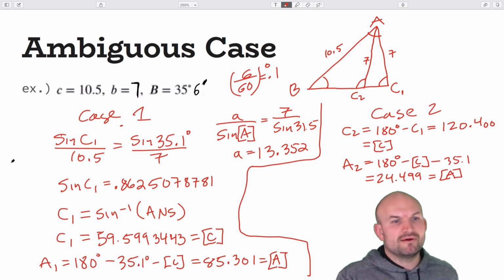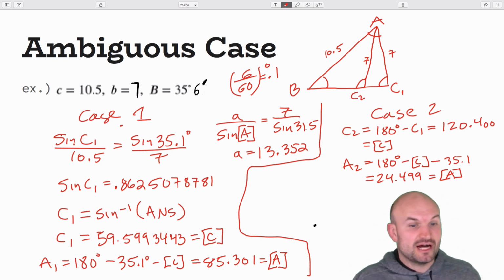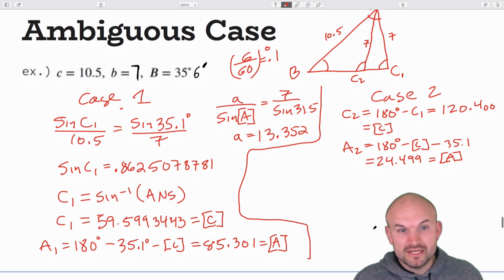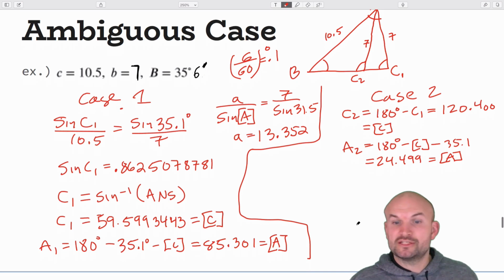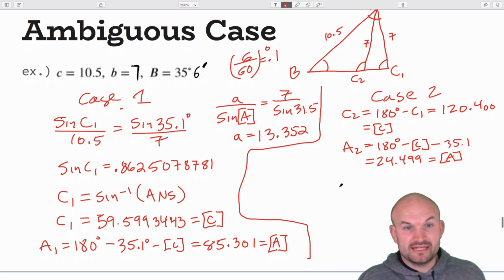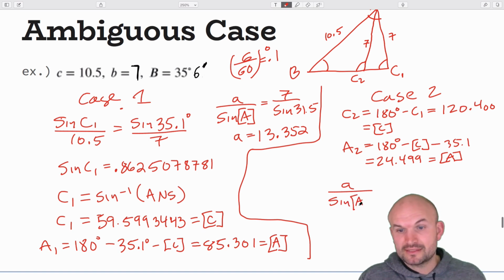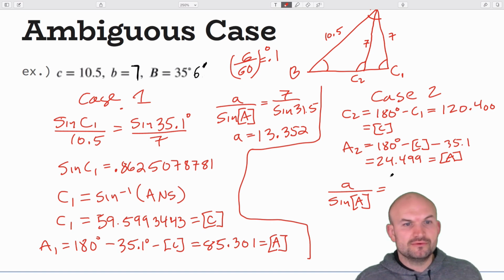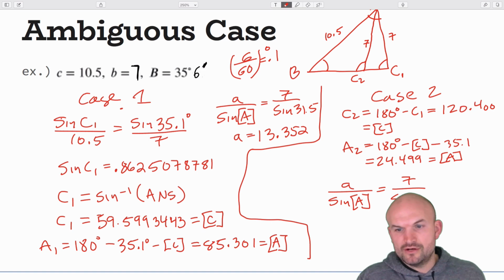All right. Now, again, we have 2 side lengths. I need to be able to figure out the other side length of A. So to be able to do that, all I'm simply going to do now is create one more ratio, and that's going to be with A. So I'll have a over the sine of my new A is equal to b over the sine of B. So I'll do 7 over the sine of 35.1 degrees.